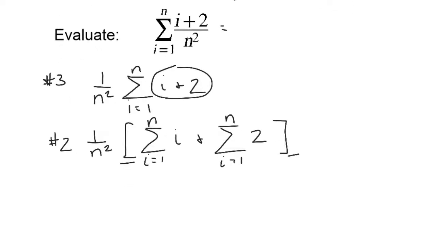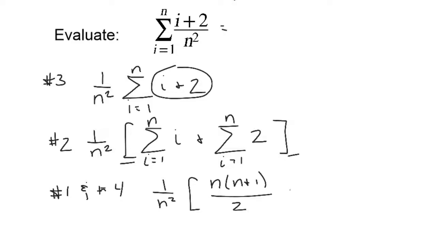Now we are going to the next step, which is to substitute, and we're going to use property number 1 and number 4. So 1 over n squared times, and what is the sum of i? Well, that is n times n plus 1 over 2, plus, and this is simply 2n.